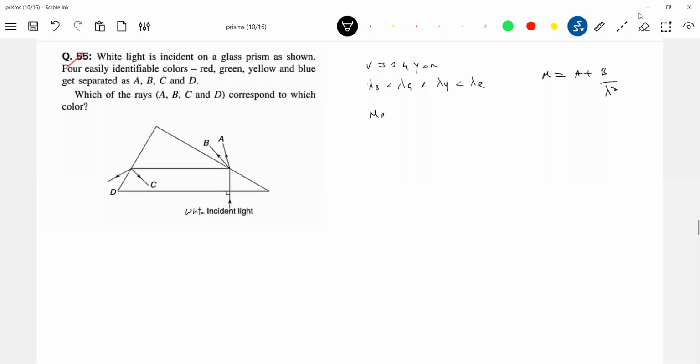Therefore mu B greater than mu G greater than mu Y greater than mu R. Refractive index and critical angle are inversely proportional. Therefore, the critical angle for blue will be less compared to green, compared to yellow, compared to red.